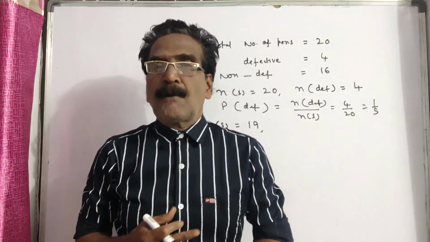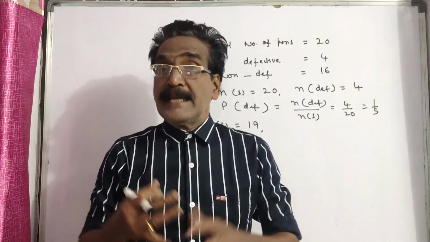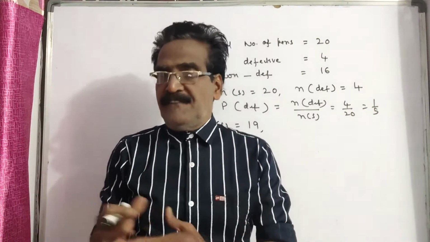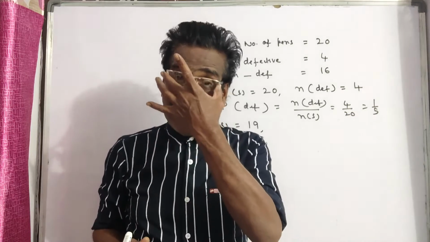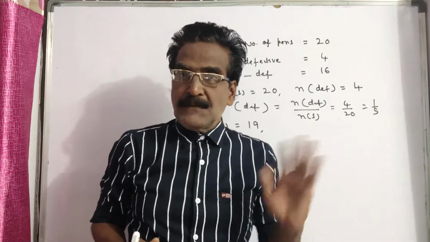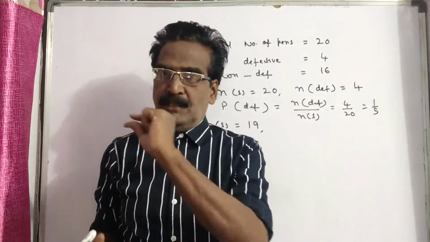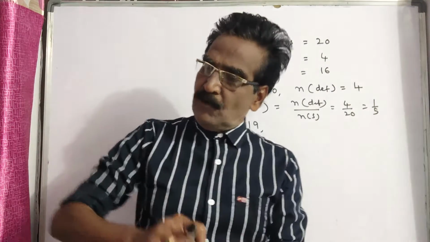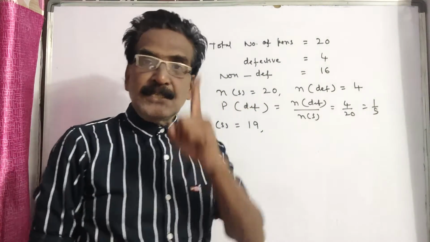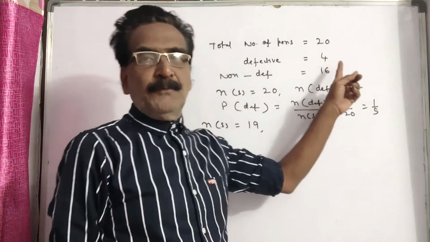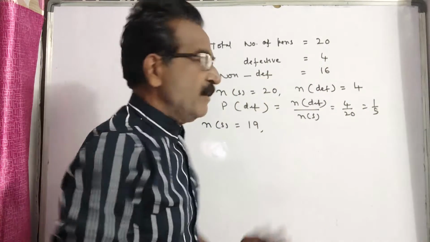Then what is the probability that the pen is non-defective? Friends, in the second draw, it is found that the pen is non-defective and is not replaced. So the number of non-defective pens will get reduced by 1.